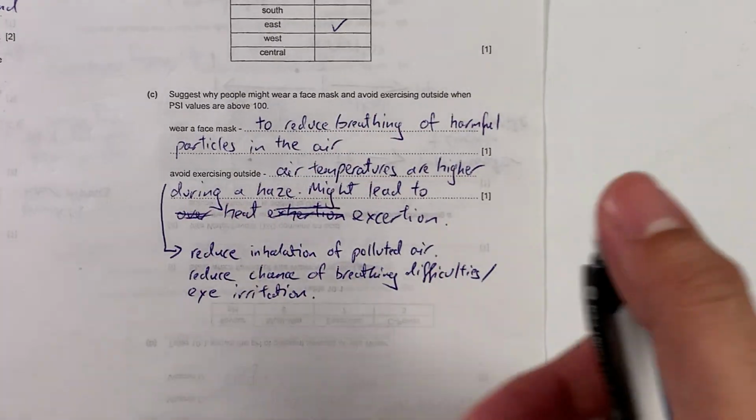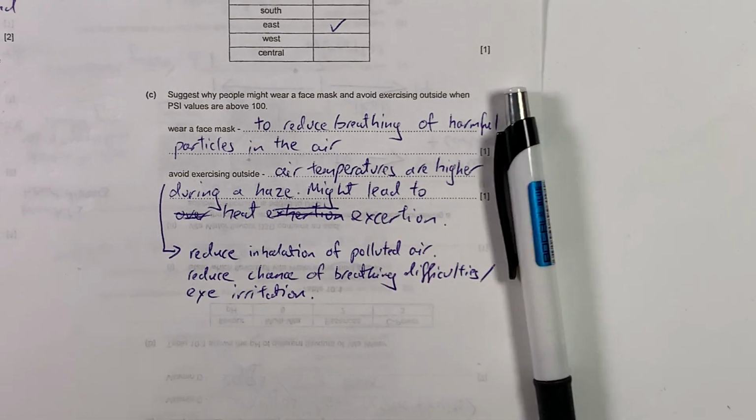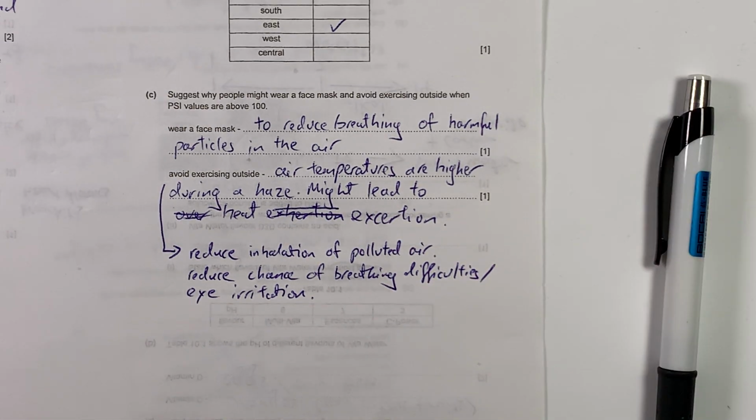Okay, Part C. I personally think it is a repetitive answer here, but let's just answer it. Think about your normal experience. We have gone through so many years of haze. Every single year around May to June, we will experience it. So what does haze do?